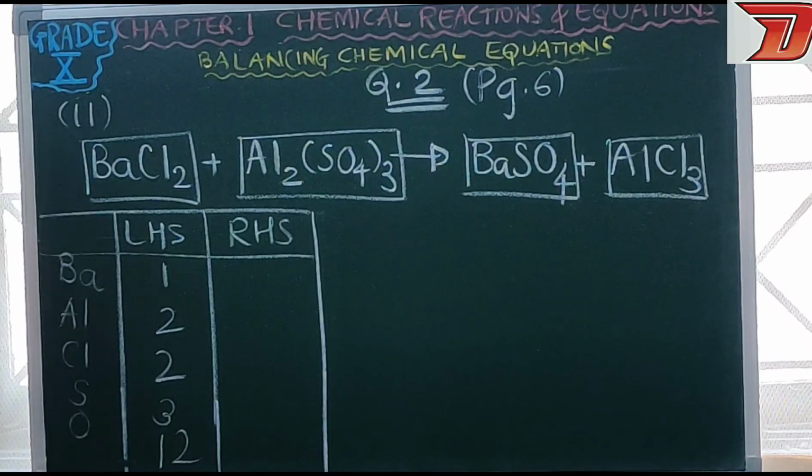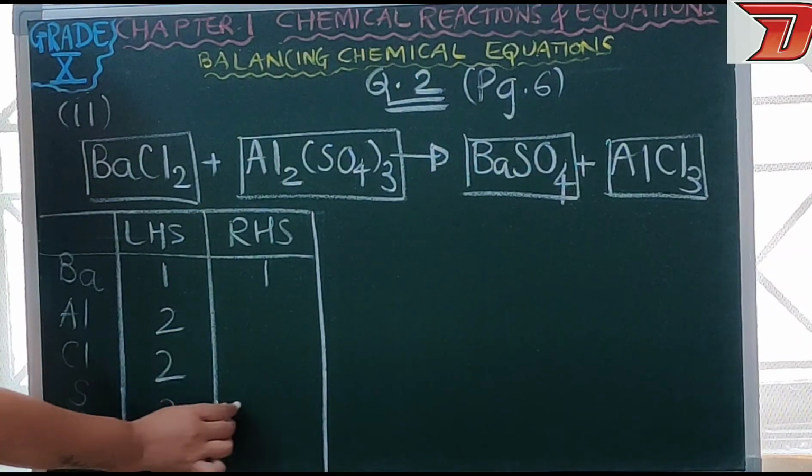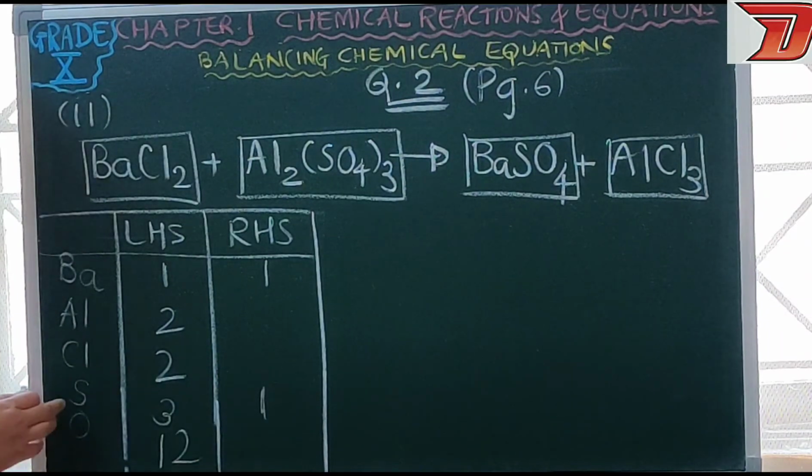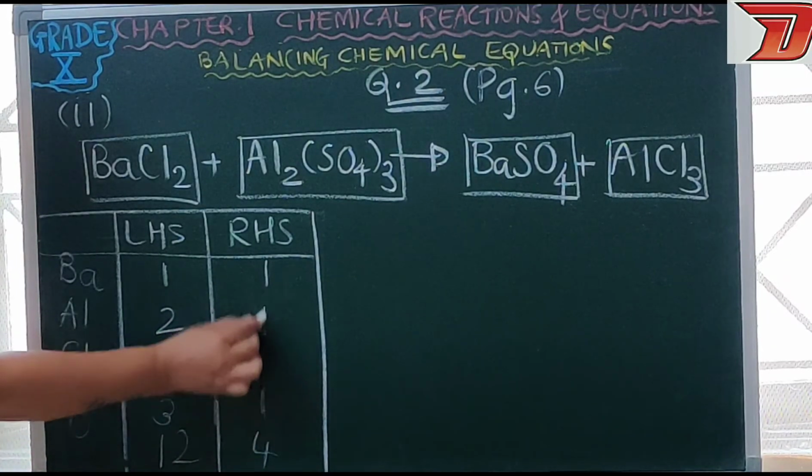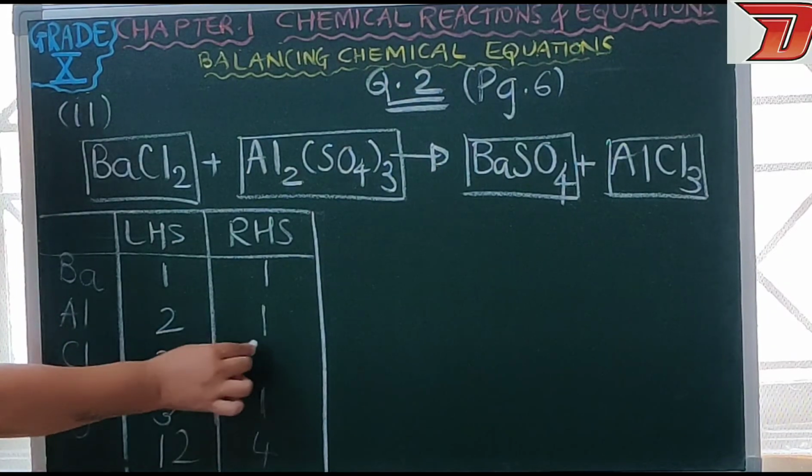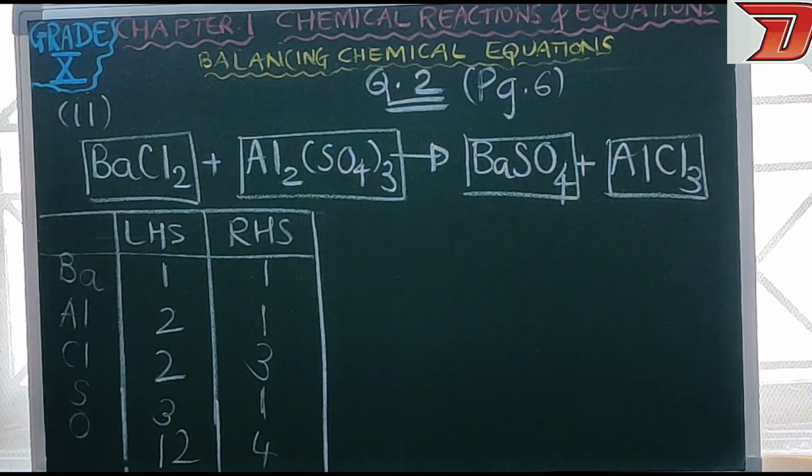To the right side, barium only 1, sulfur only 1. Be very careful for writing this. Oxygen 4. Then comes aluminum only 1 and chlorine 3. Now successfully we have written the present number of atoms both the sides.